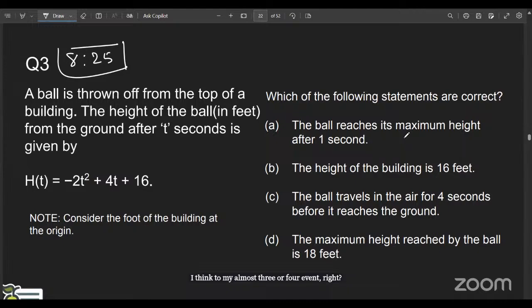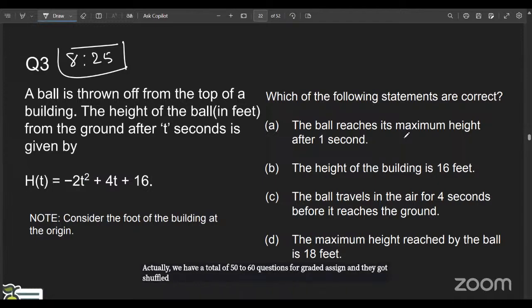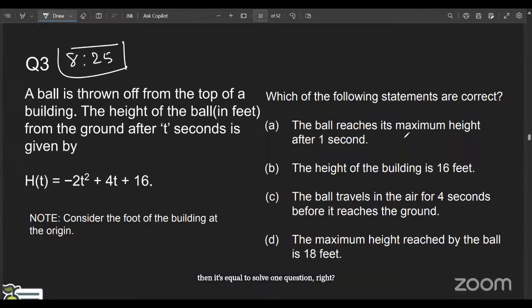Actually, we have a total of 50 to 60 questions for the graded assignment, and they get shuffled for each student. But this should not happen, that one person will get the same type of question 4 times. Then it's equal to solving one question. I also read word by word to find it, so I thought maybe I should log out more than once.